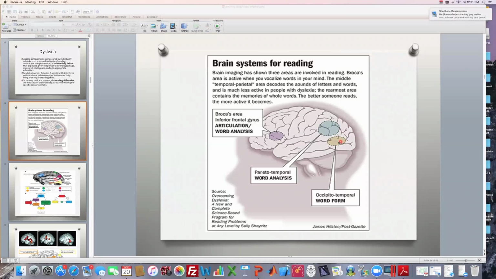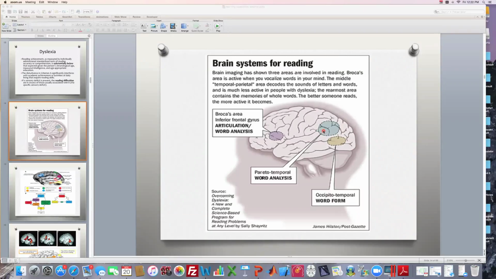of that word form. The second basic area the information travels to is the word analysis or semantic area of the brain, which is primarily located in the parietal temporal junction, very close to Wernicke's area, the parietal area, and an area called the angular gyrus that is very important for word processing, and that gives us our semantic word analysis.